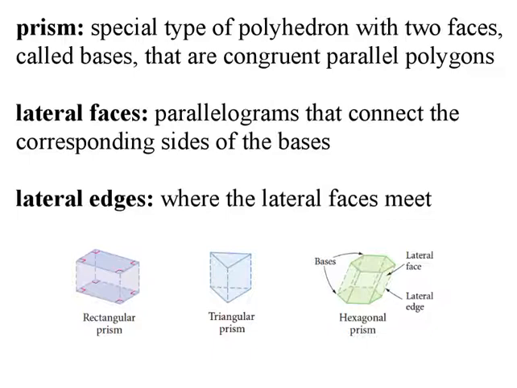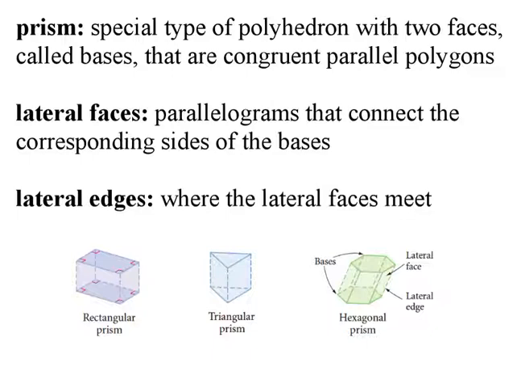And then in a prism, we have what are known as the lateral faces. The lateral faces are the faces that are on the perimeter of the bases. And then you have your lateral edges, which are where the lateral faces meet.